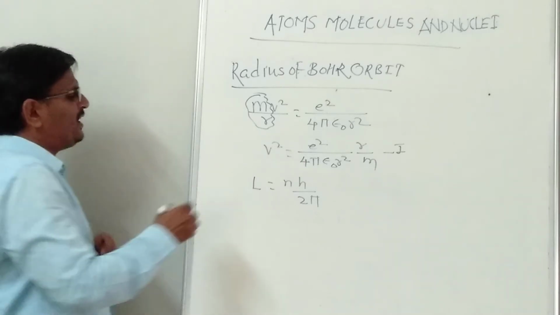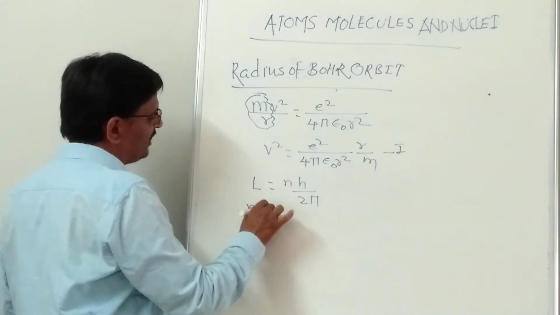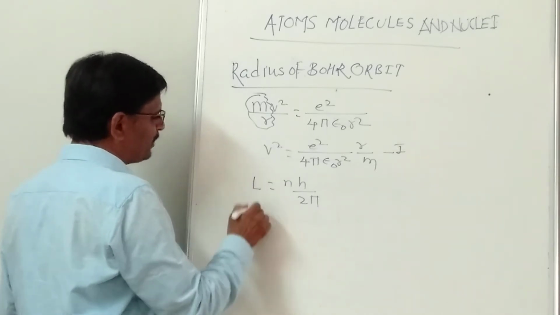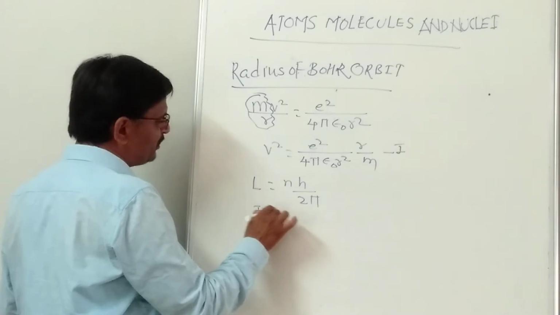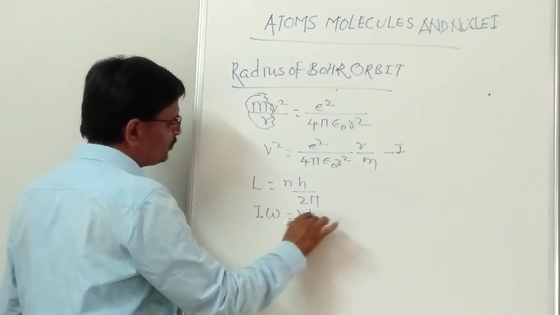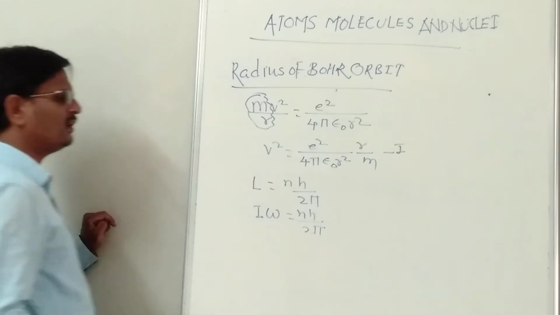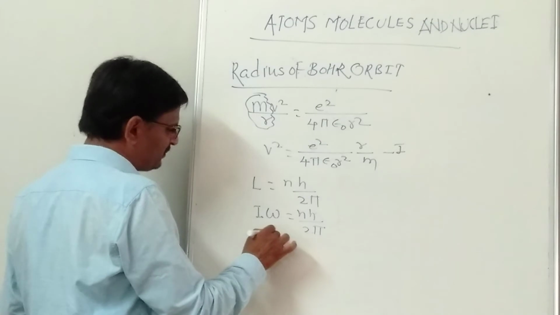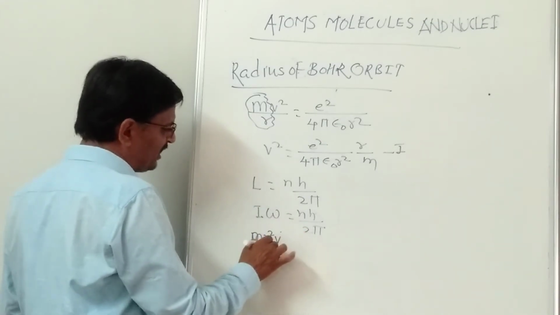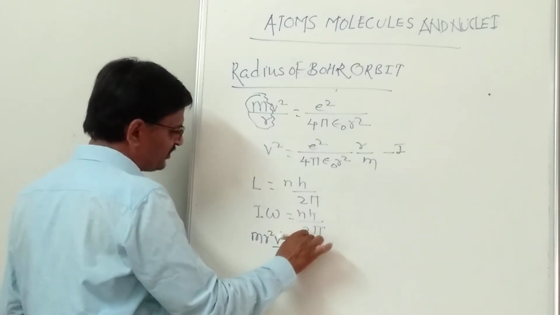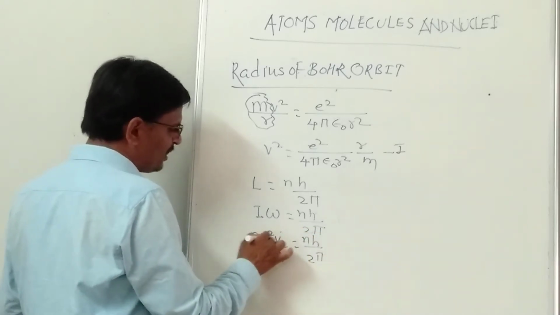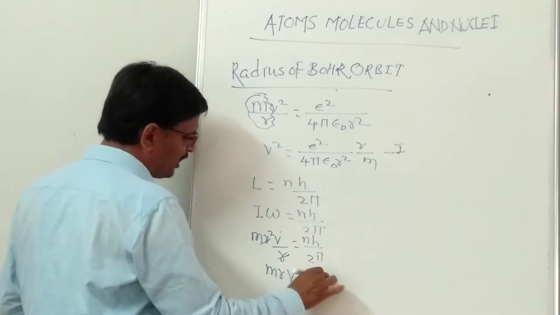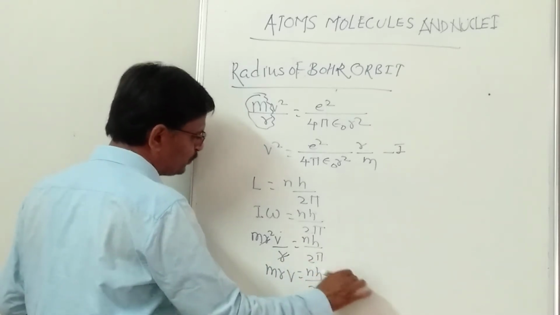Instead of capital L, I may write mvr, or you can understand angular momentum is nothing but moment of inertia and angular velocity, so Iω = nh upon 2π. Instead of this I can write mr², and instead of ω, v upon r. So nh upon 2π, one r gets lost, mrv is equal to nh upon 2π. Call it equation number 2.